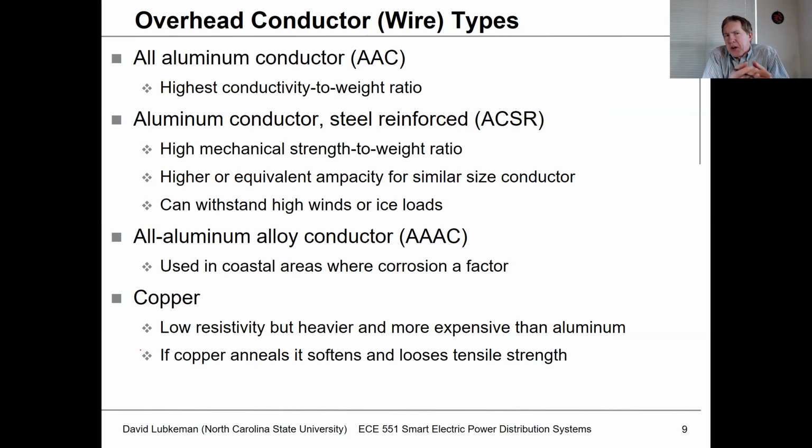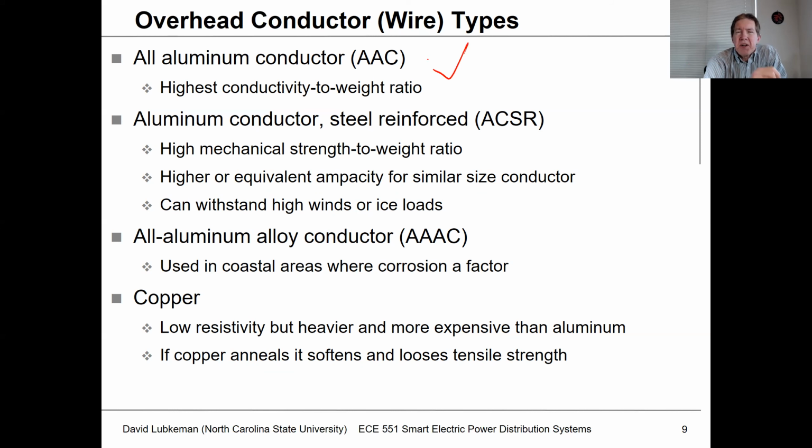But generally, if we were talking about overhead coming out of a substation, we would not use copper for that. It doesn't have the right strength characteristics. And so what you would see instead is either aluminum or some type of a mix of aluminum and steel, let's say. And so you'll have different sort of conductor types, like what we refer to as all aluminum conductor.